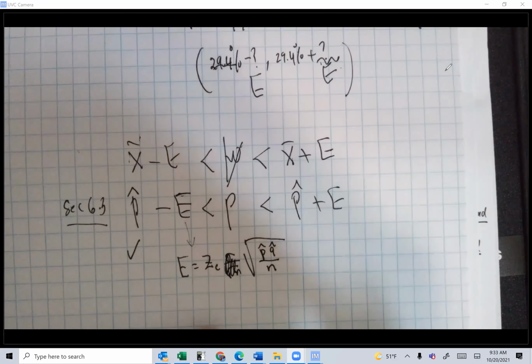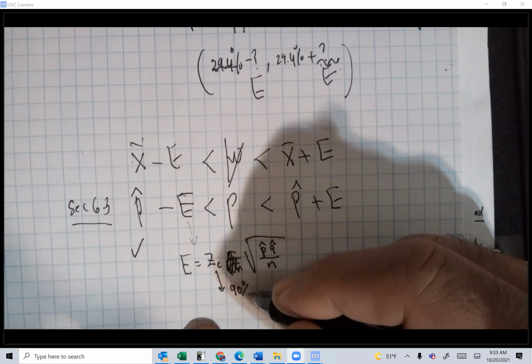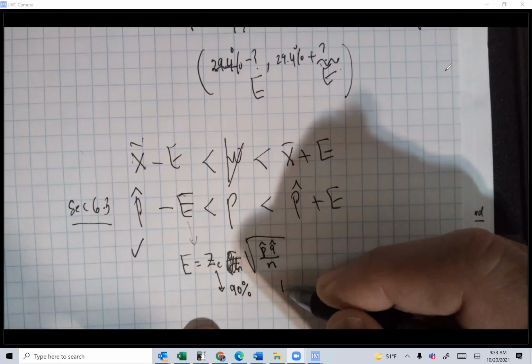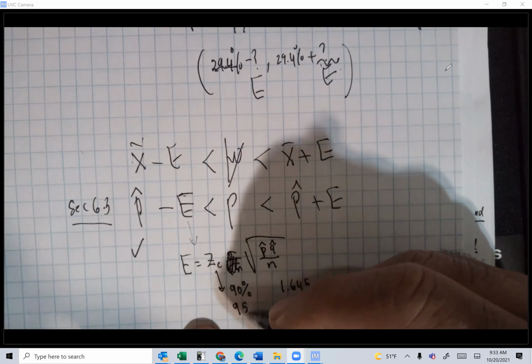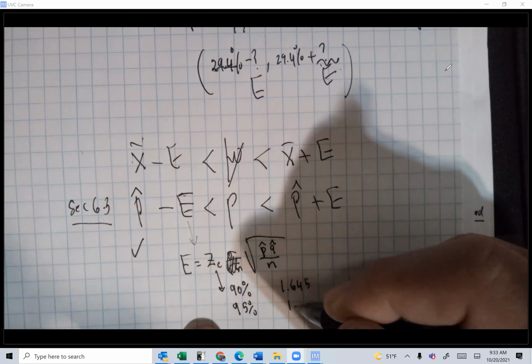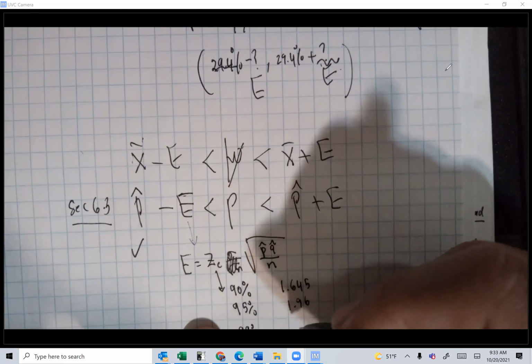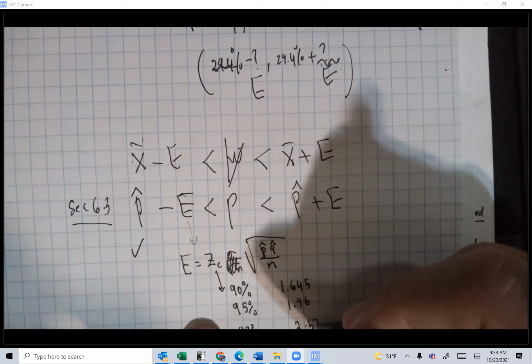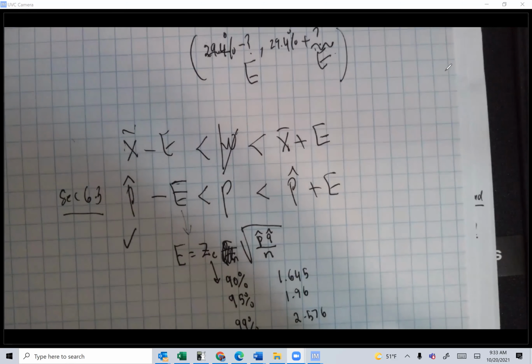And just to remind you guys, I asked you to memorize the critical value for 90% confidence level. It was 1.645. The critical value for 95% confidence level, it was 1.96. And the critical value for 99% confidence level, it was 2.576. So these are the three values I ask you to try to memorize.